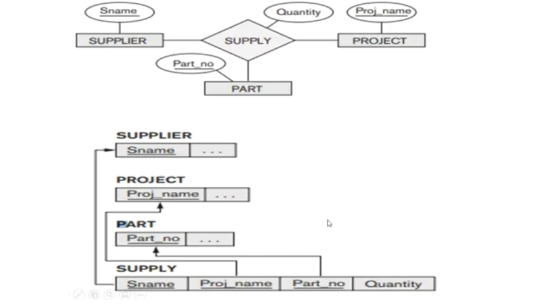So we are forming four relational tables: supplier, project, and part, which are derived from entities, and supply, which is derived from the relation. The supply table has the values S name, project name, part number, and quantity, which are the primary keys of the connected entities and its own attribute.